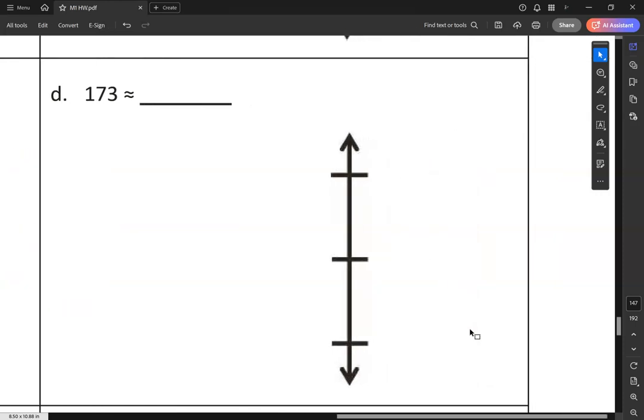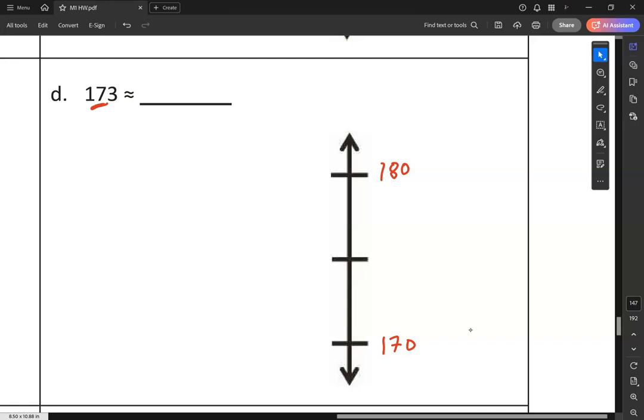D, we have 173. We're still looking at the tens, rounding to the nearest 10. So what that means is the hundreds is going to stay the same. That's going to be 100 something. Now we're looking at 73. 73 is in between 70 and 80. So 173 is in between 170 and 180.